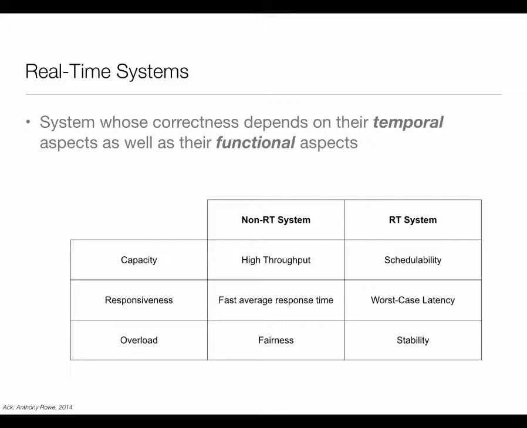Responsiveness in non-real-time systems means fast average response time. We don't care about whether each and every mouse click gets a specific response time, but we do expect our laptop to be responsive. Whereas here, we have to make sure that in the worst case, some timing requirement is met. So again, change of mindset.